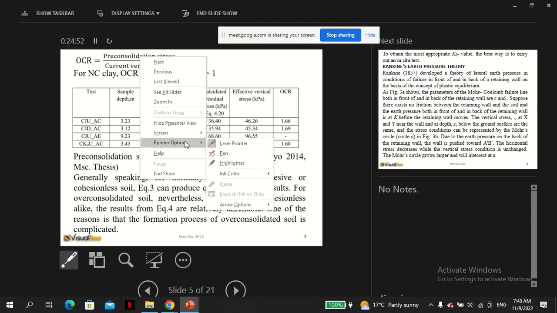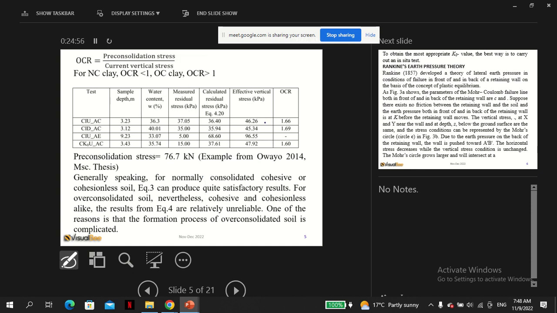For argument's sake, just to make sure you understand: for this one, the ratio is 76.7 divided by 46.26.